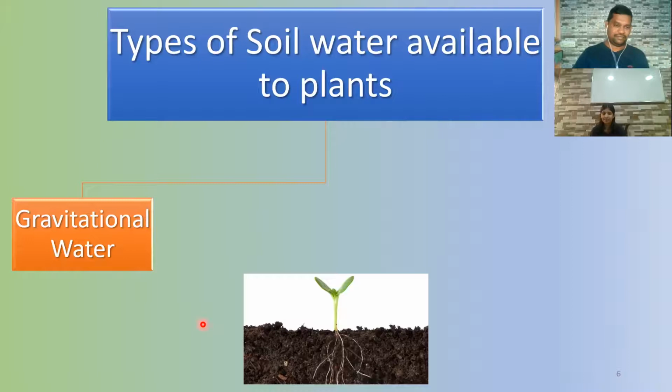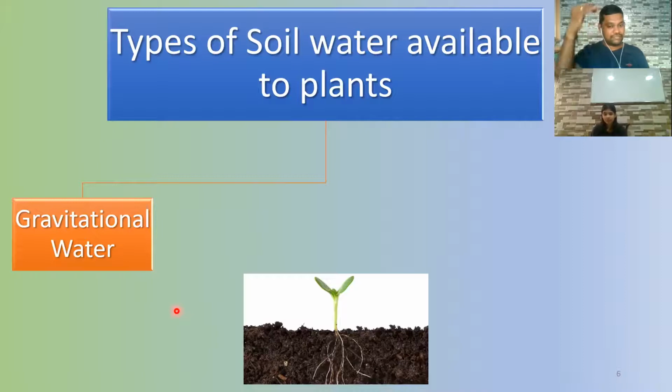अलग-अलग type के soil होते हैं. And the particle size varies. Correct? So when you add water to the soil, a large proportion of that water just goes down into the soil due to gravity. Soil particles के बीच में से एकदम नीचे चला जाए.